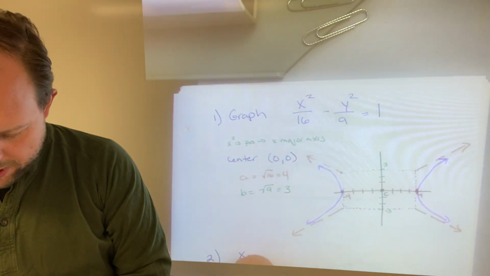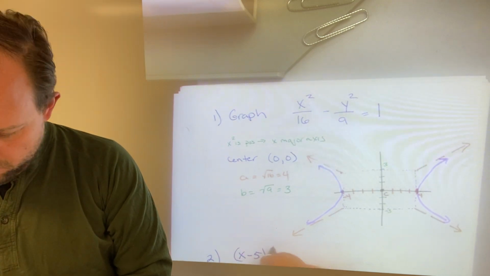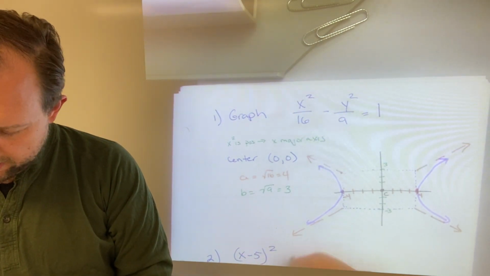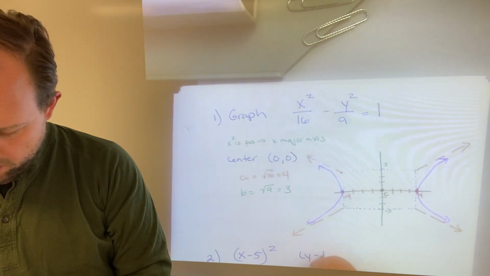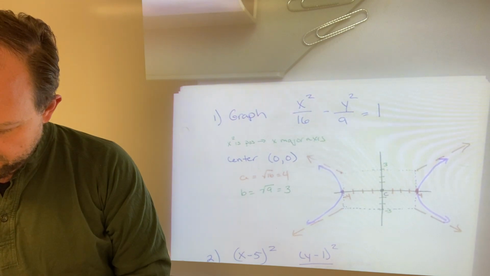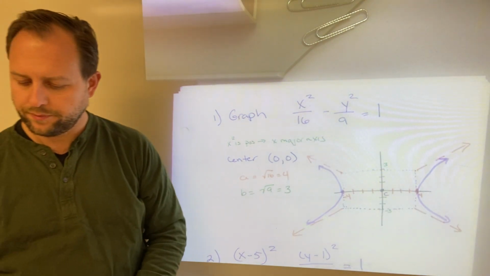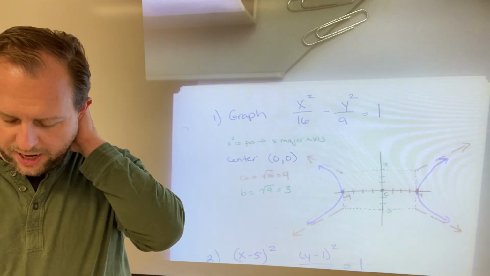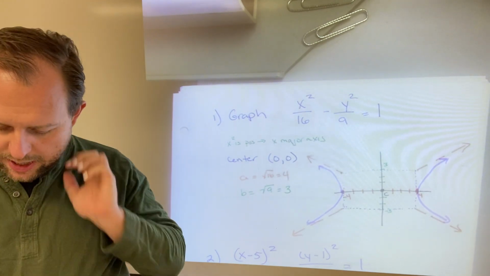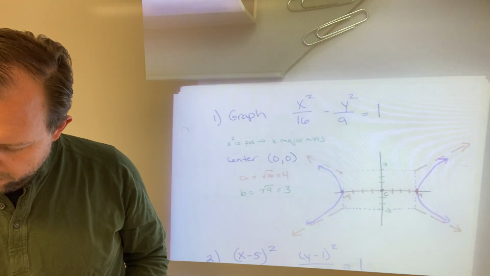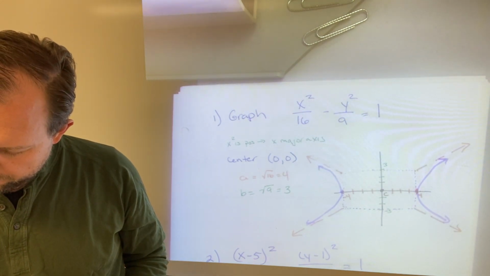Let's have x minus 5 quantity squared over 49 minus y minus 1 quantity squared over 17 equals 1. Okay? Again, x is on the positive, so x squared is the positive term.